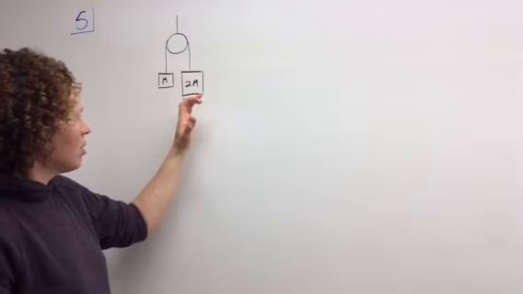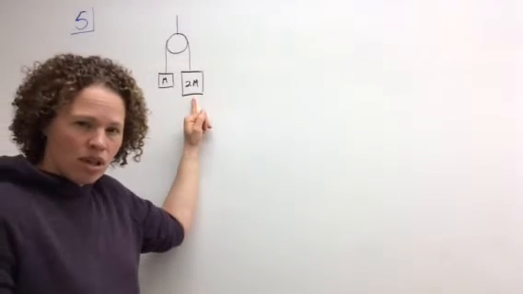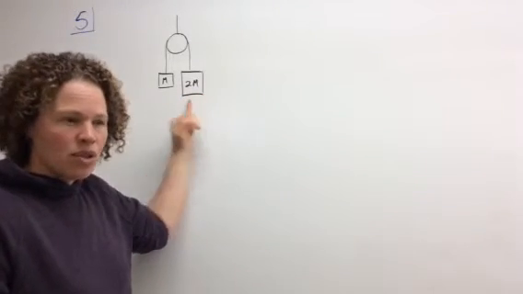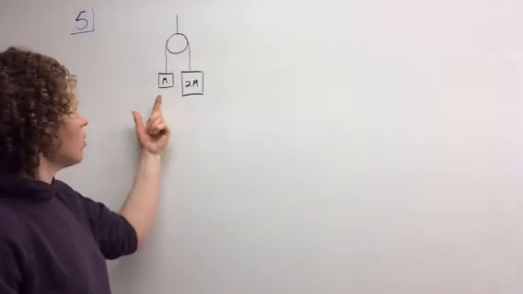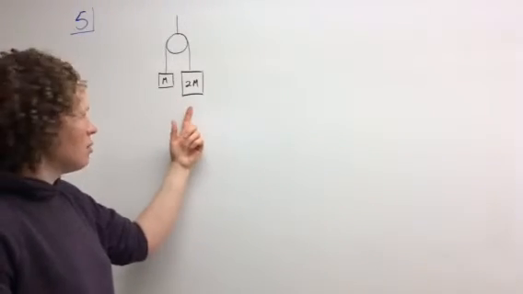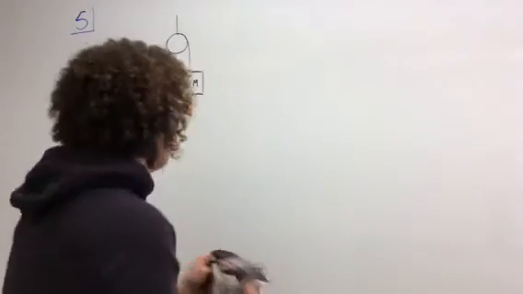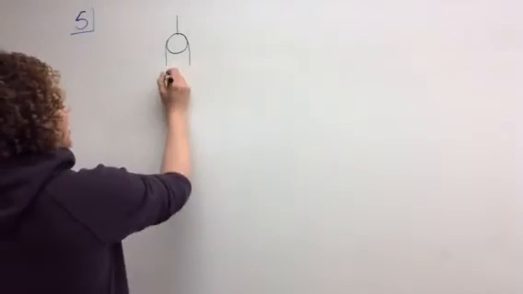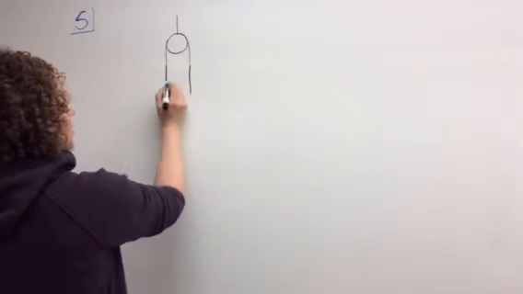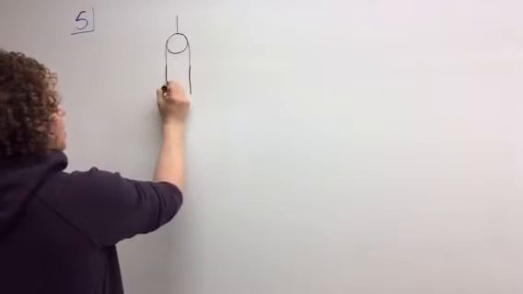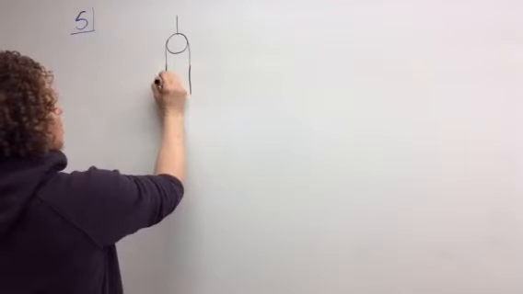So I'm going to focus on the mass that's driving the system. Obviously, if I've got gravity working on this side and gravity working on this side, this guy's going to win, right? I actually had a teacher who, instead of drawing weights, would draw a monkey on this side, and this is the skinny monkey.